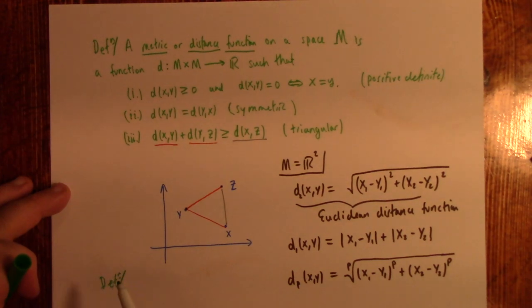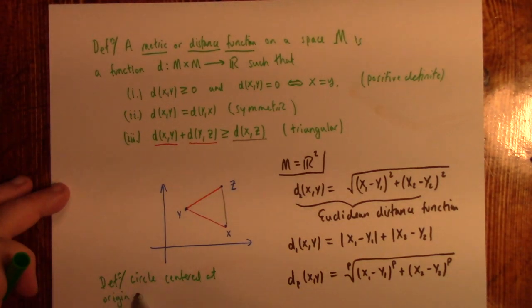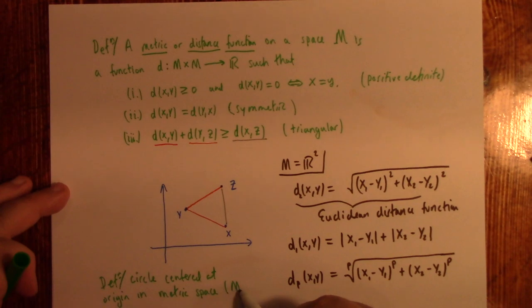Definition: circle centered at origin in a metric space. Usually we refer to the metric space as a pair, a space M paired with the metric d.